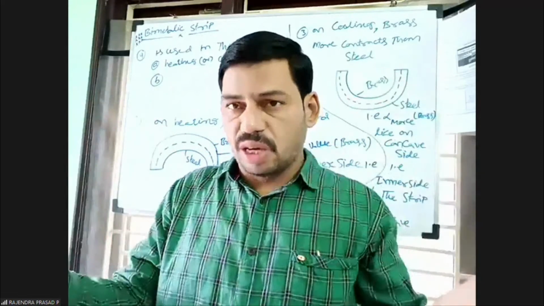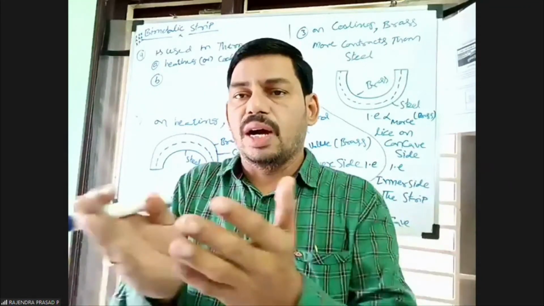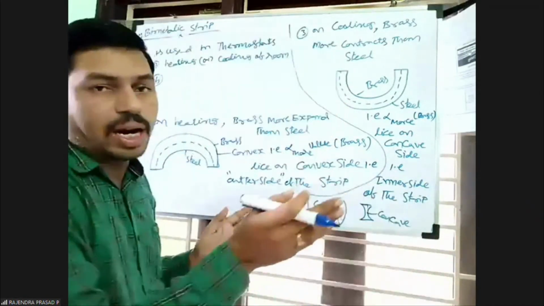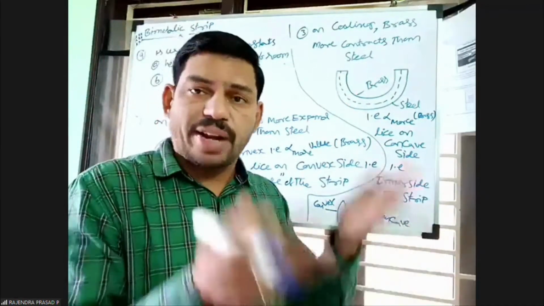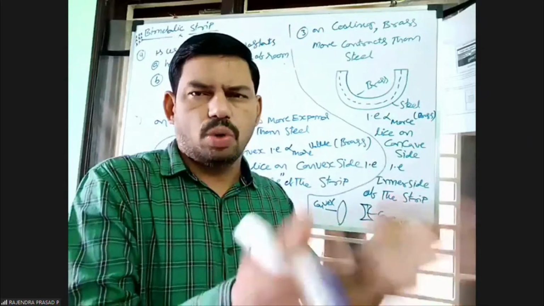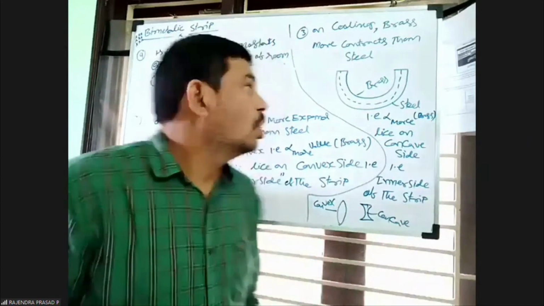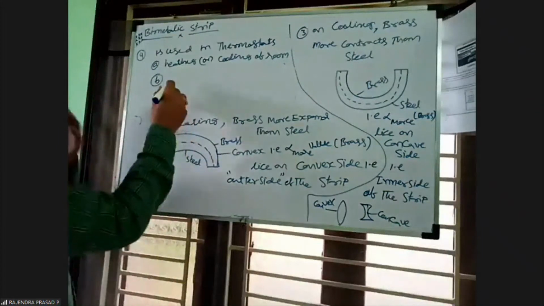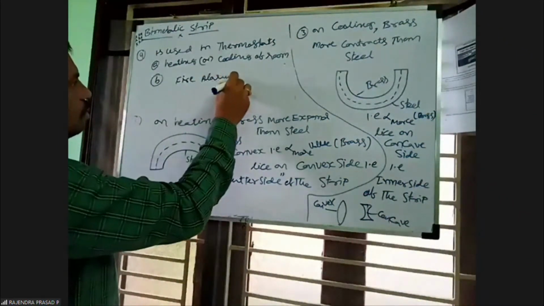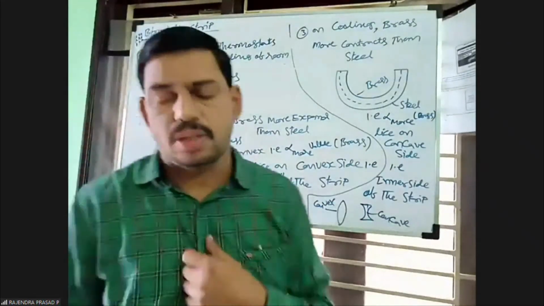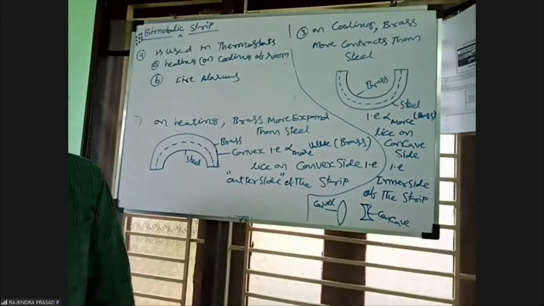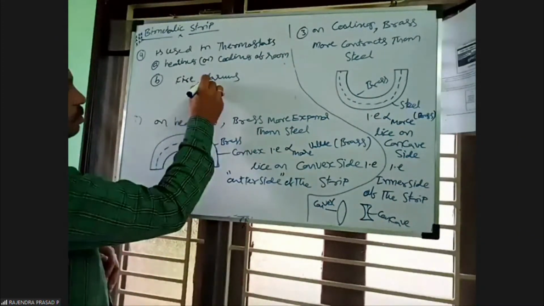When the temperature increases, it leaves the contact, so it is off. Depending on the instrument, they are used in fire alarms. So the bimetallic strips are used in fire alarms.